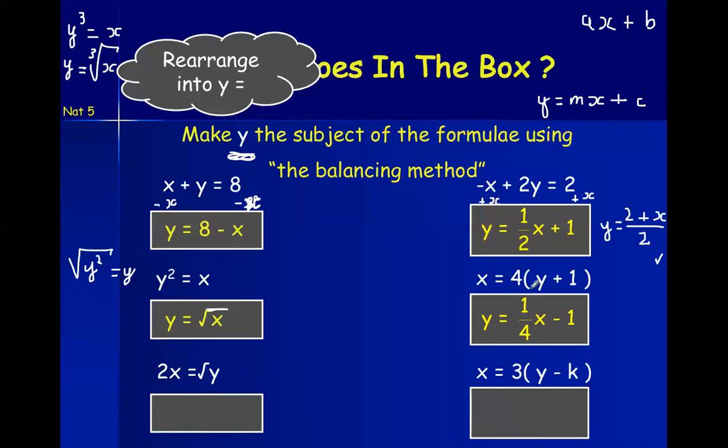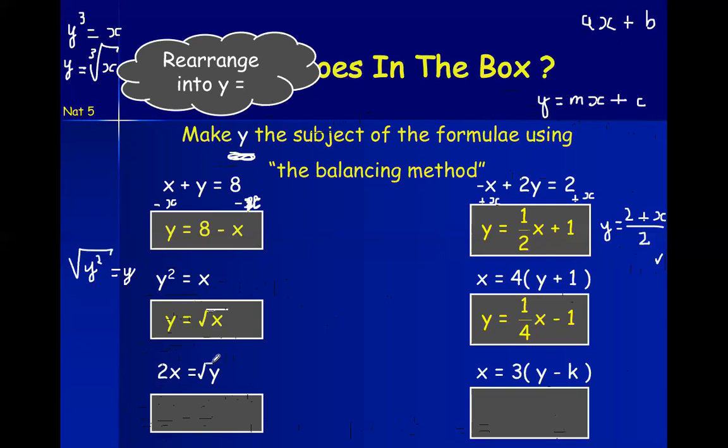So the answer would be a quarter of x minus 1. But people usually would get rid of the brackets first. So expand, they call it. Expand, then make it the subject. So you get extra marks for expanding and then making the subject.